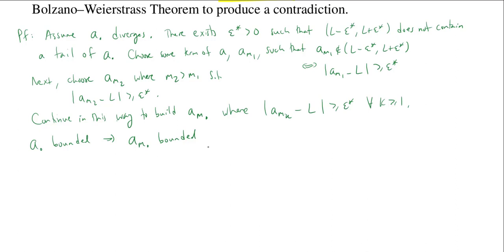But once I have a bounded sequence, I can use Bolzano-Weierstrass. I know that A_M dot has a convergent subsequence. So by Bolzano-Weierstrass, A_M dot has a convergent subsequence, and maybe we'll call it A_MN dot. It's getting kind of silly, but in any case, we have this subsequence which converges.